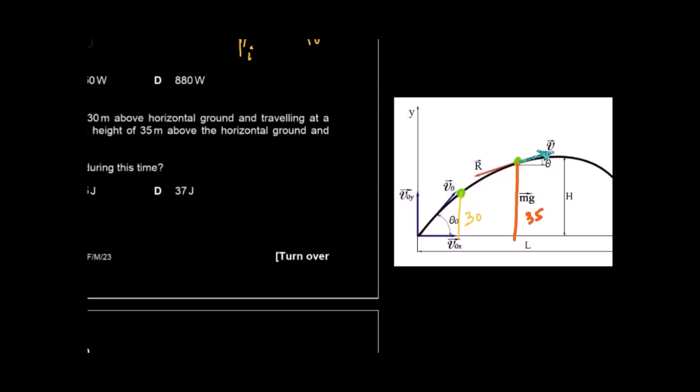Velocity is in this direction, and there is a resistance force due to the air acting in this direction. There is a net displacement here, let's say d. So d is the displacement, and this is the height covered in this interval, which is 35 minus 30, equal to 5 meter, and let's say this angle is theta.